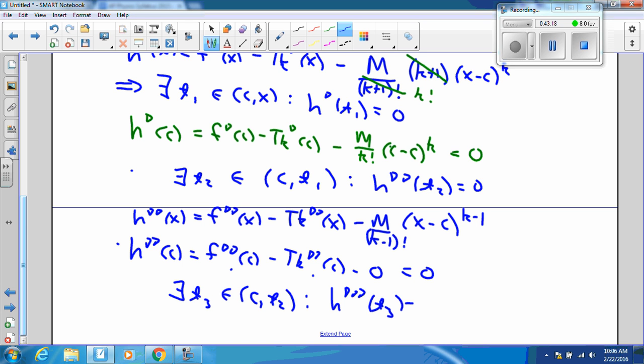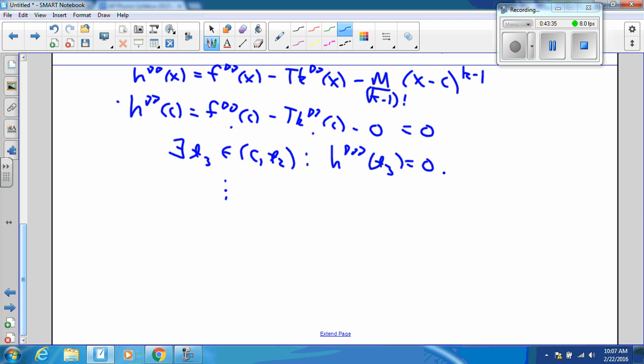That's exactly it. And so we like that. Well, we can see this pattern is going to go on until something happens. What is that something? Well, that something is going to be that Tk is going to run out of derivatives.